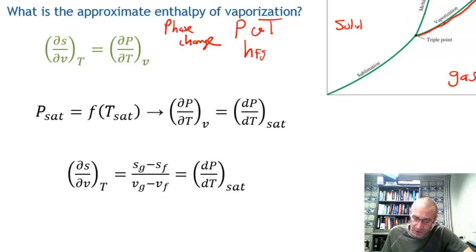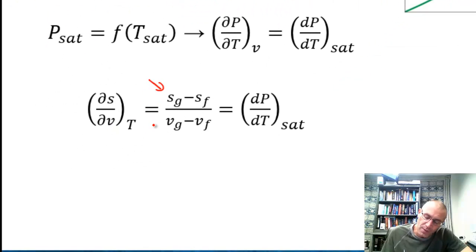All right. Now we're going to do some other manipulations here. Well, since we know dP/dT at constant V is the same as dS/dV at constant T from a Maxwell relation, and if we apply that also at phase change, well, the change in entropy as we go from the liquid to a vapor is Sg minus Sf, and then the volume is going to be Vg minus Vf.